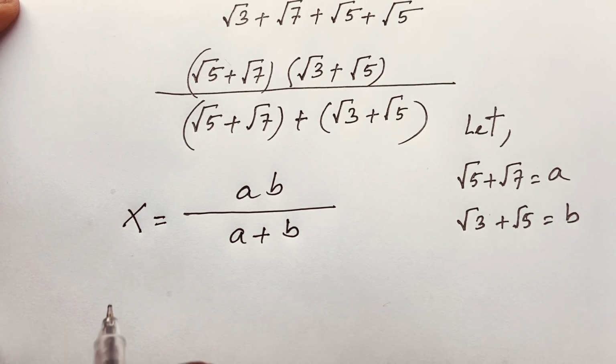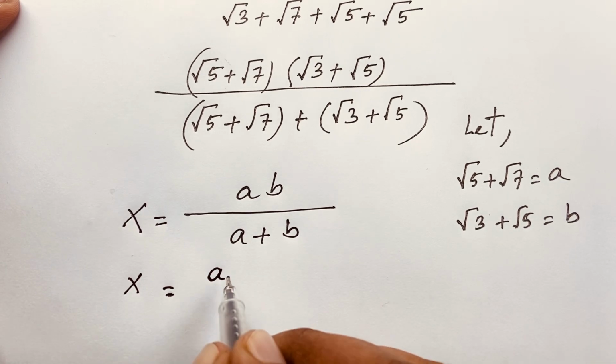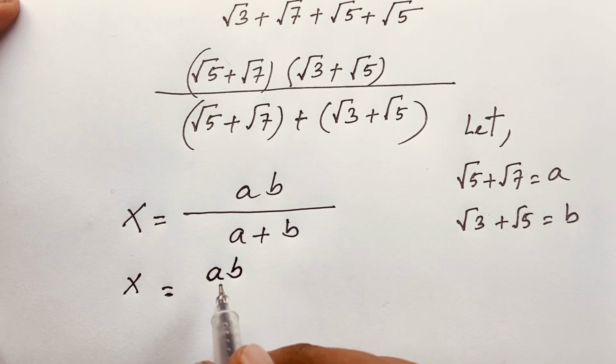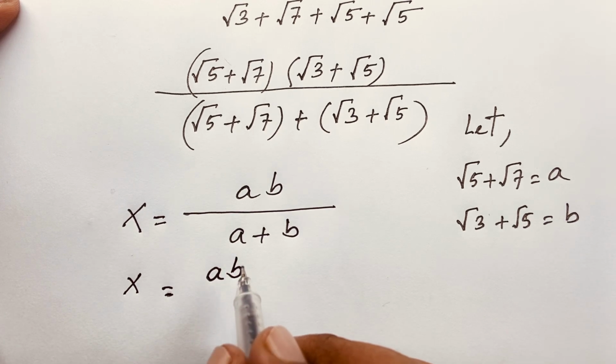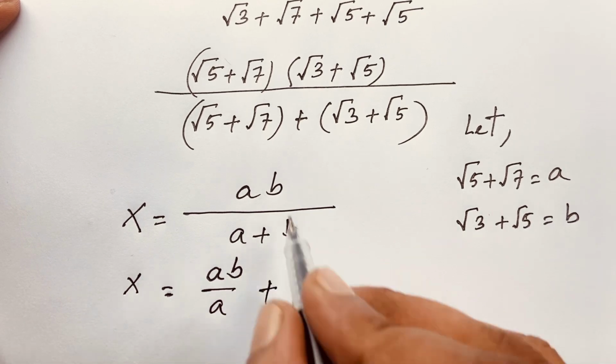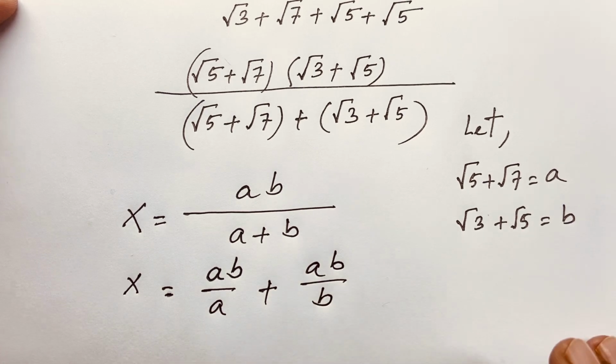So at this moment you can see easily this x will be ab over a plus b, and I can see it will be ab over a plus b.